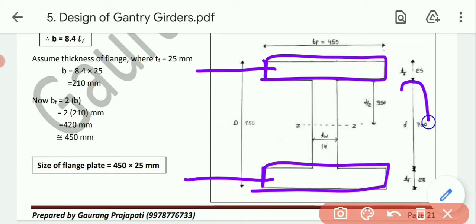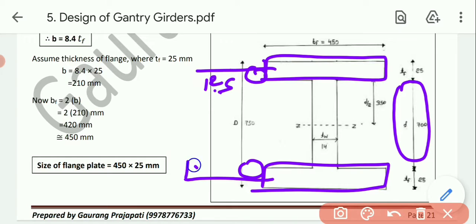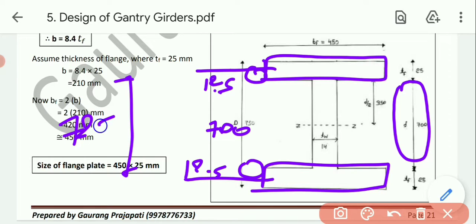So 700 mm depth of web, then this one is 25 by 2, this one is 25 by 2. So ultimately it will be 12.5, over here also 12.5, and the central portion is of 700. So ultimately it will be, we can say, 725.